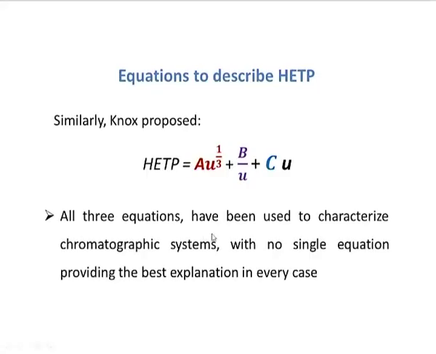Over and above, we must keep in mind that all these three equations have been used to characterize chromatographic systems, and no single equation can provide the best explanation in all cases. You may need to use one equation or the other at certain instances. But the point is, with these equations you can always look for that sweet optimal velocity which gives you the least plate height for your best resolution.